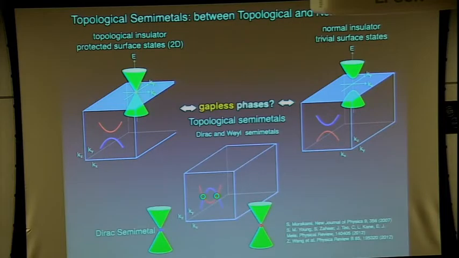And of course, a natural way to think about Dirac semi-metals is that it is exactly in between the trivial and a topological insulator. You get the situation where you have the conduction band and the valence band crossing, and if they're of different characters, as they usually are, they have this protected crossing.